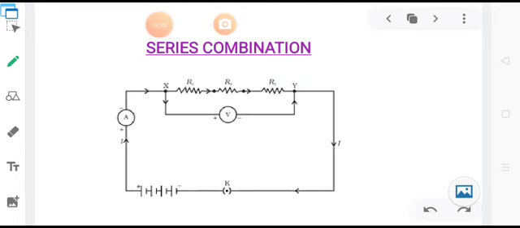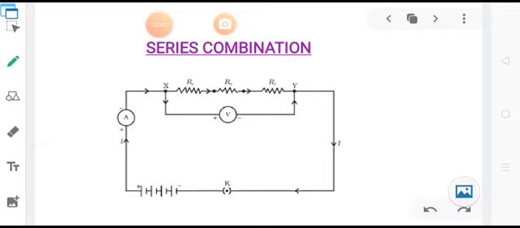Series combination of resistances. See, a circuit diagram has been shown that will help you to understand how we can connect the resistors in series. In this circuit, I am showing three resistors of values R1, R2 and R3 being connected in series. Apart from these three, what are the other circuit elements connected in this circuit?